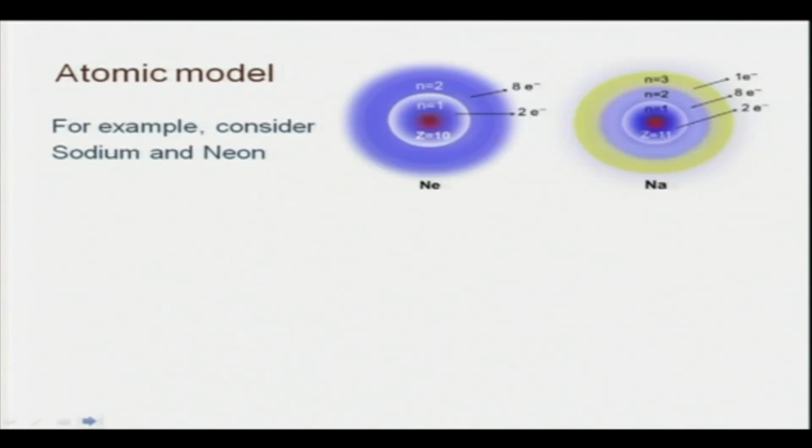For example, if you consider neon and sodium, neon has 10 protons and 10 electrons. So, n equal to 1 and n equal to 2 shells are completely filled; n equal to 2 can take 8 electrons and it is completely filled. Together n equal to 1 and 2 have 10 electrons, so there are no incompletely filled shells.